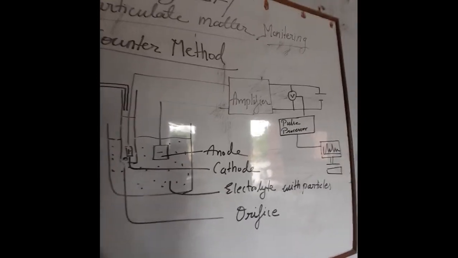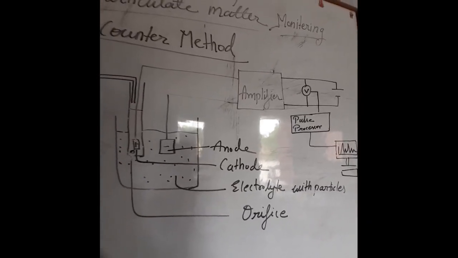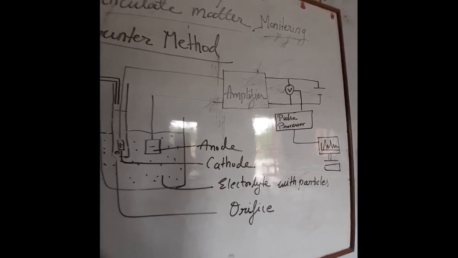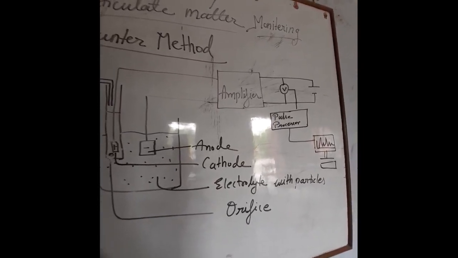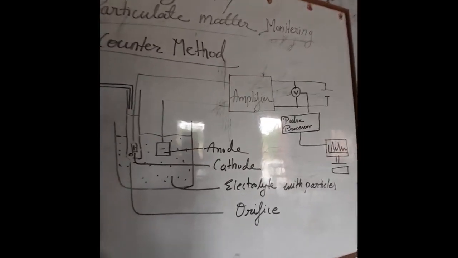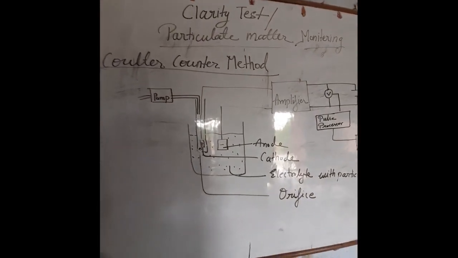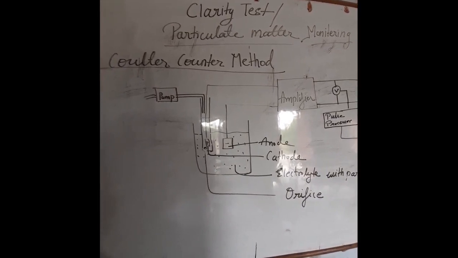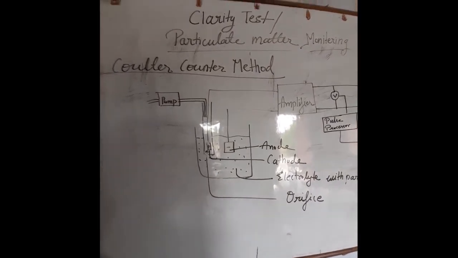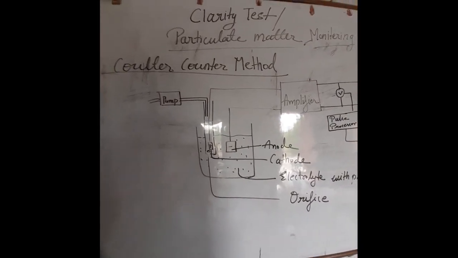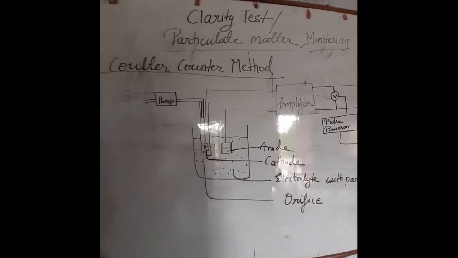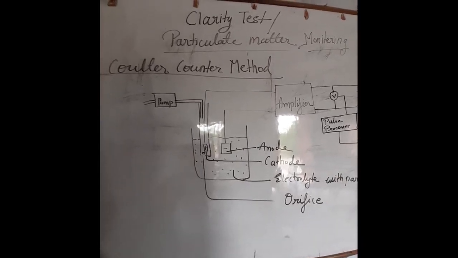If the height of the peak is larger, it means the size of the particle is large, and if the height of the peak is small, it means the particles present in the sample is small. Hence we can say that the voltage of the pulse are proportional to the particle size. Particles below 0.2 micron can also be detected by the counter method.